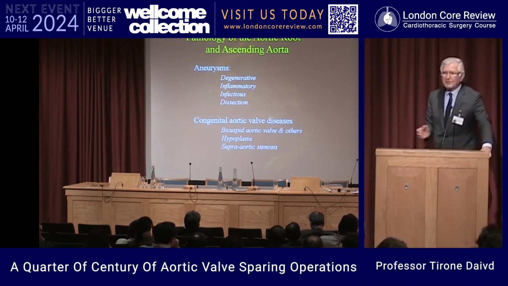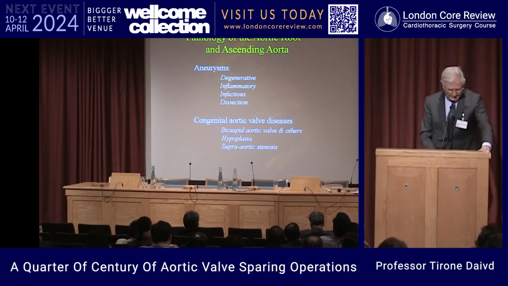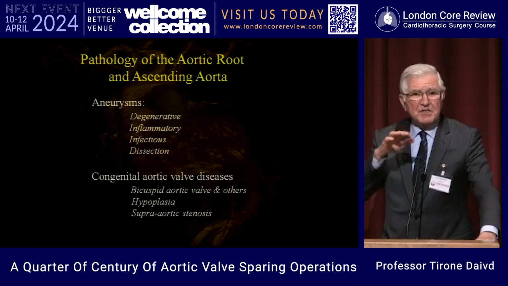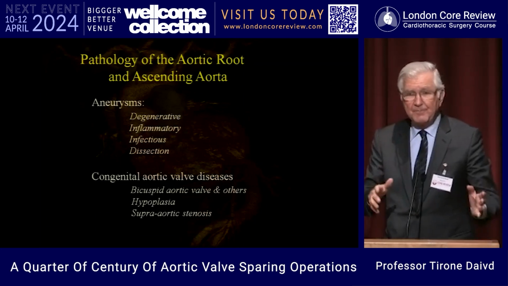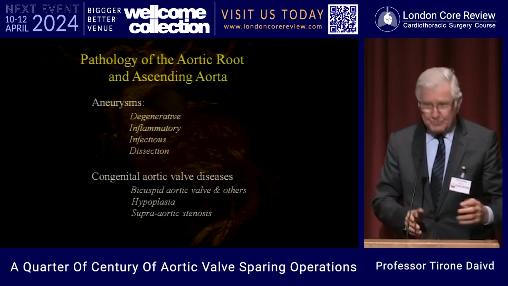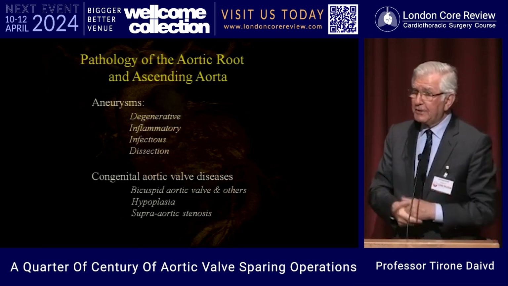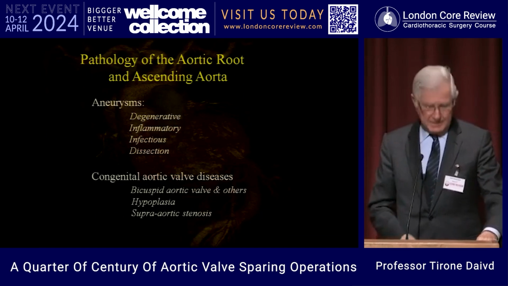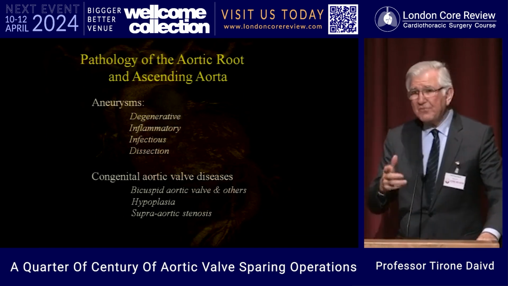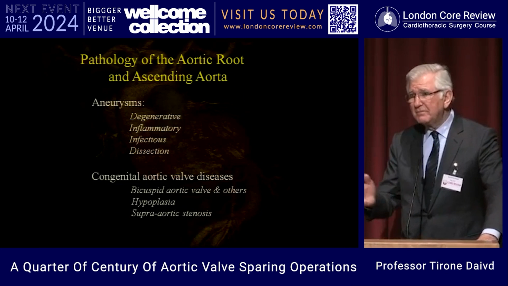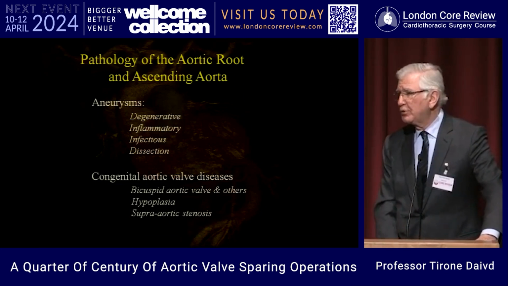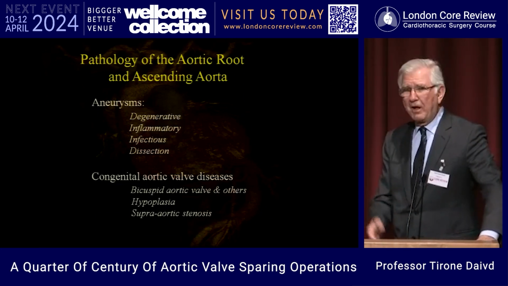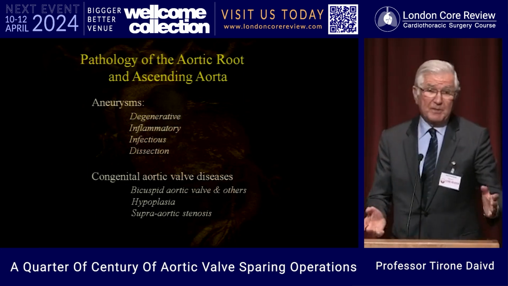But you have to know pathology as well. In degenerative disease of the ascending aorta and aortic root, connective tissue disorder is by and large the most prevalent among humans, because inflammatory remains a problem, but there's not much you can do about it. We don't know very much about the biology of inflammation. Infections are disappearing.